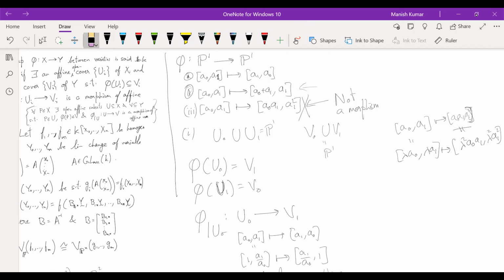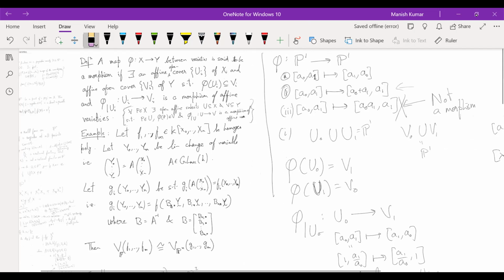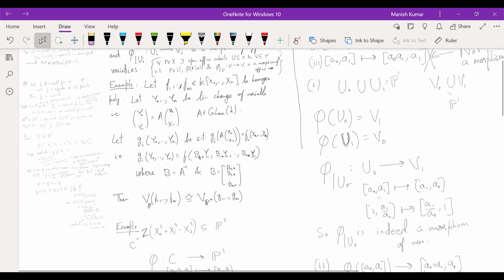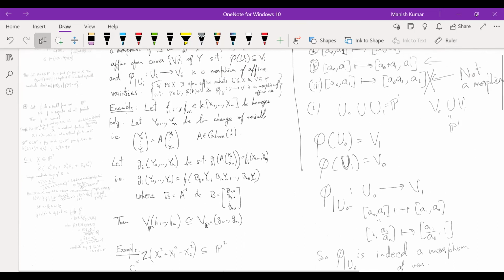But without a square, this is not a morphism of varieties. Next time we will see a few more examples of morphisms of projective varieties, and then maybe we'll stop, and Thursday you'll have a quiz.